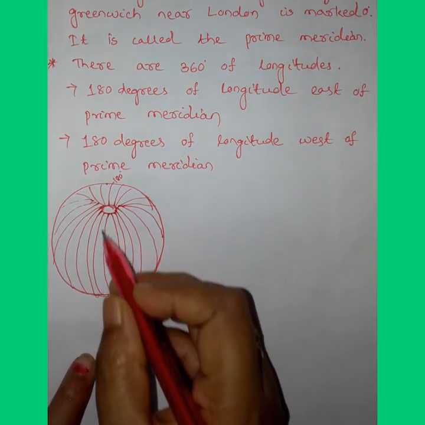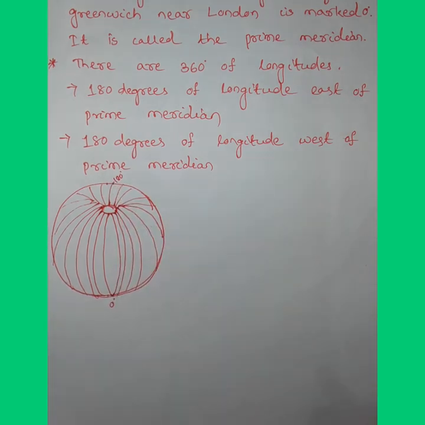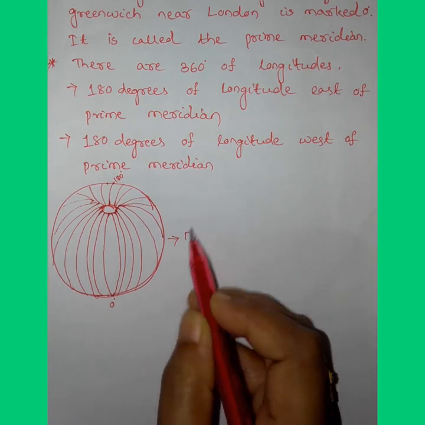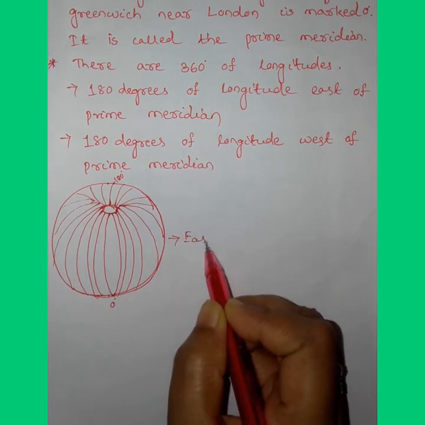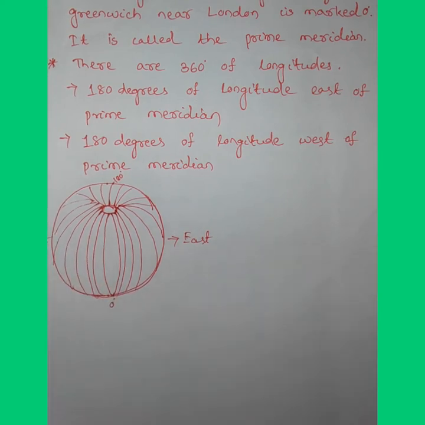This is 0-degree, the prime meridian. This is the 180-degree meridian. This is the eastern hemisphere and this is the western hemisphere.